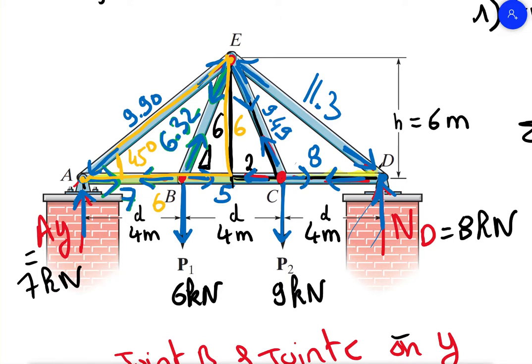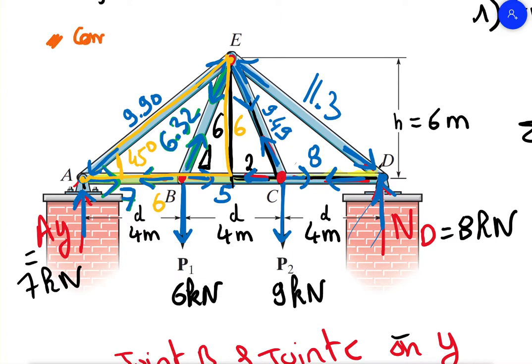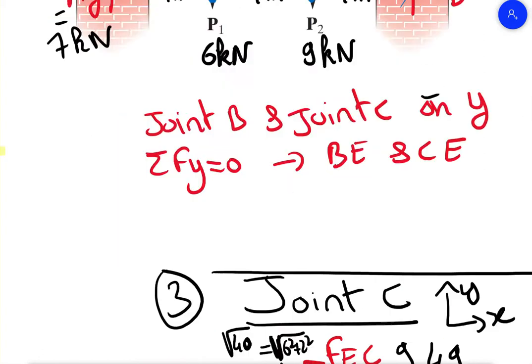So we can write again: which one is in compression? Which color do we use? In orange, I will put my compression. Every time the arrow is pushing, this one pushing, and everything else.